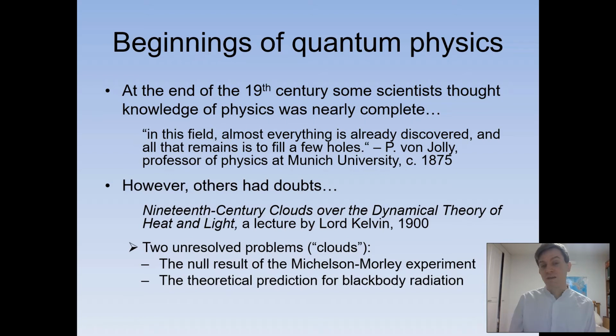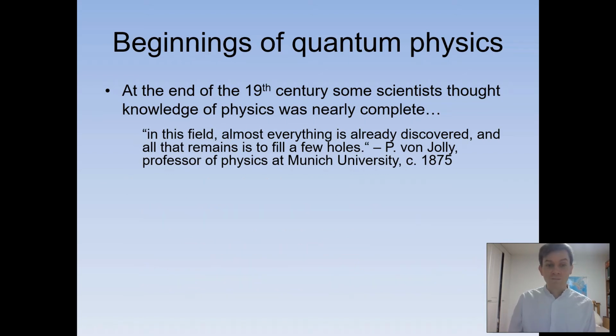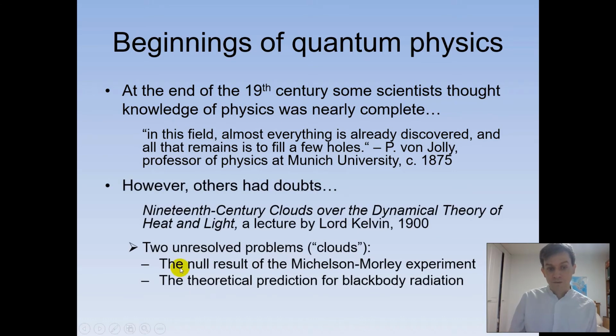And these were experimental observations which had no explanation. So the first of these is the Michelson-Morley experiment, which we've seen in detail in the topic of special relativity, and the second of these is the theoretical prediction of black-body radiation, which is what I want to focus on now.